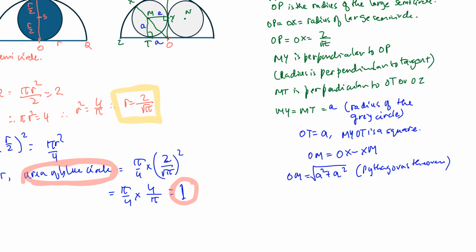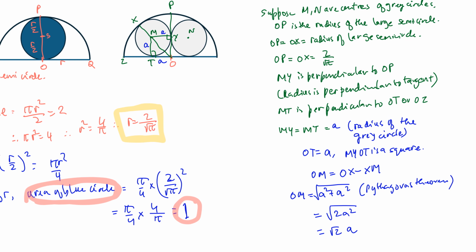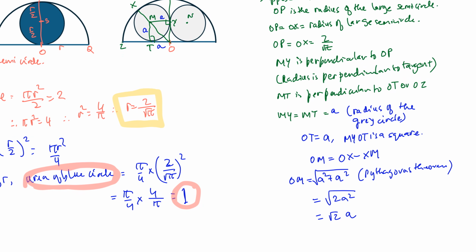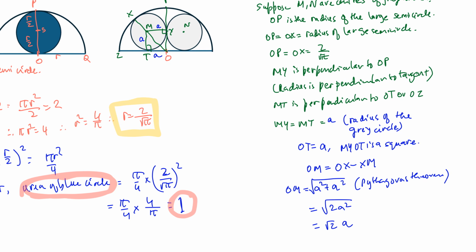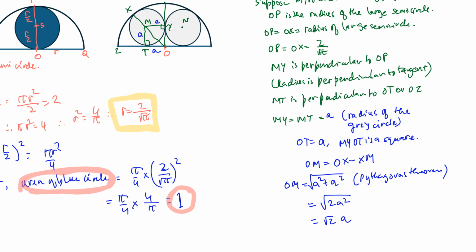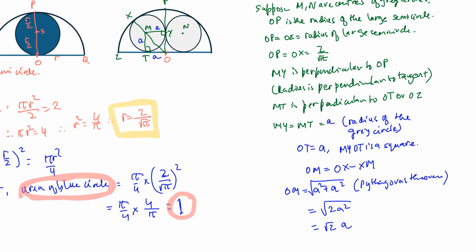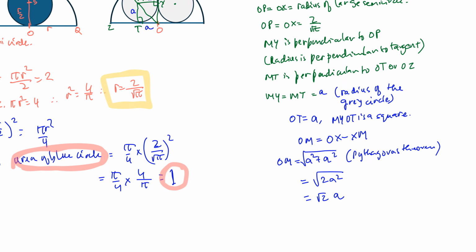So that is the square root of 2A squared, that is root 2 A. I know what OX is.